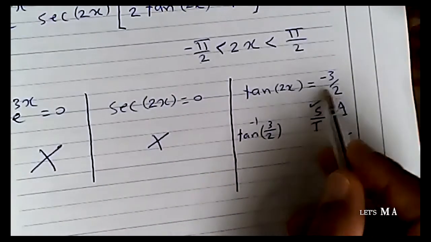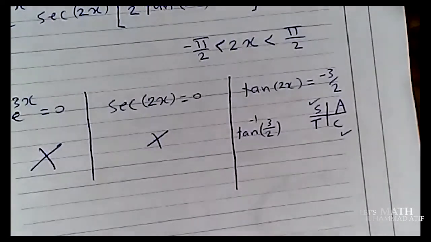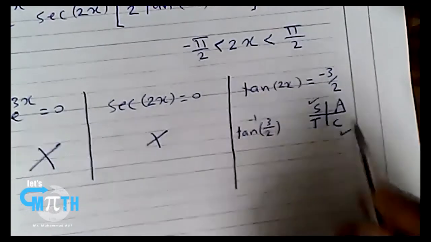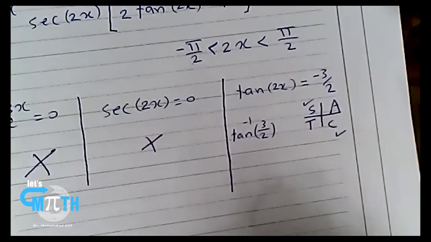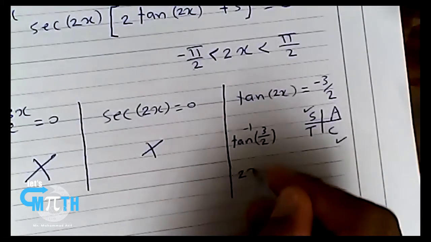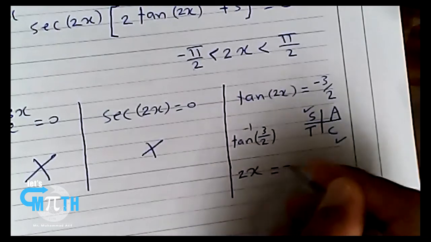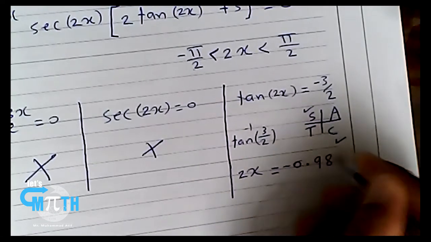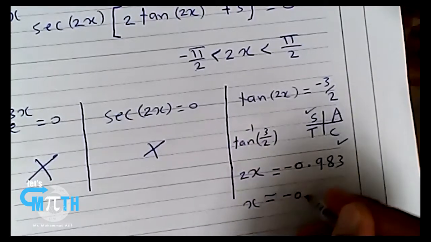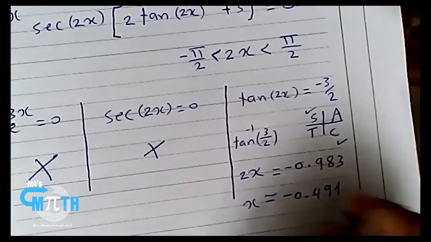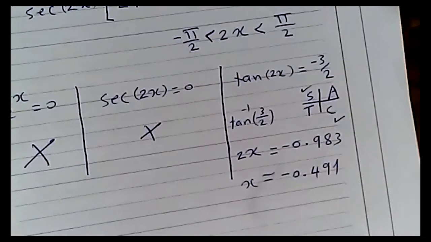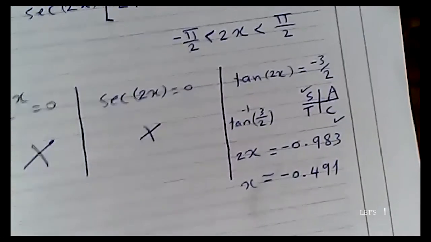So the solution in the second will not be in this range. The solution of the second quadrant will be out of range, so we'll find only this solution negatively. So the value of 2x will be equal to negative 0.983, dividing by 2, so x will be about negative 0.491. So this is the only one solution that can be obtained.